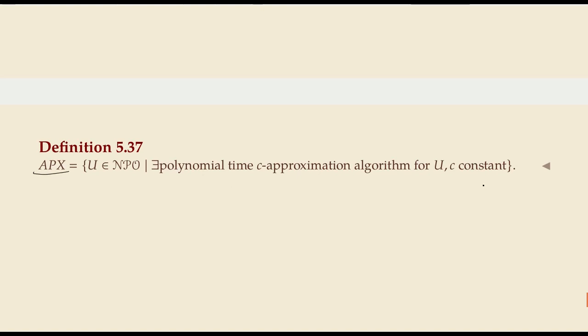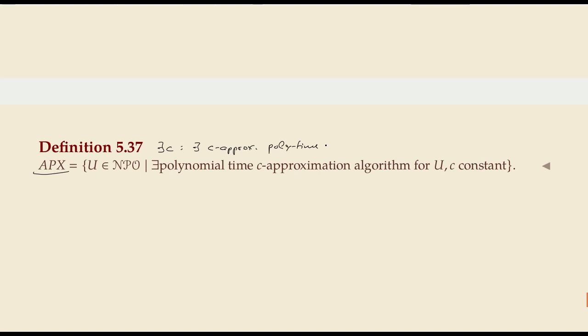So I should say, there exists a fixed C that only depends on the problem, so that there is a C-approximation algorithm for this problem that runs in polynomial time. Okay, that's the class of problems that we will consider as easily approximable, even though the constant might be large.